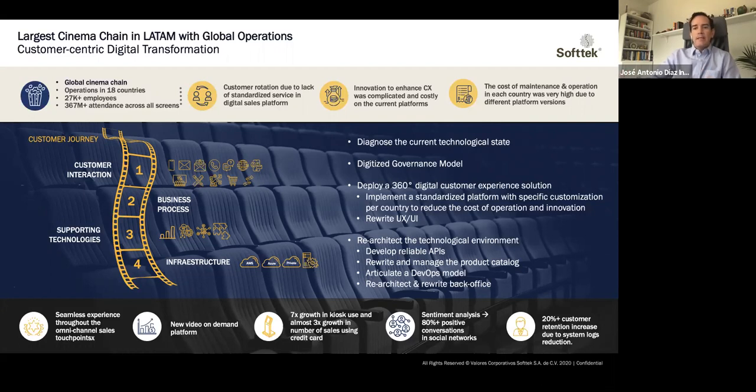Imagine the technology you need first to buy the tickets, second to understand loyalty systems, and third to purchase the movie rights and things like that. The cost of maintenance and operations of their systems was very high because they had different technologies and different platforms. So Softec worked with them to develop a technology roadmap to rewrite and manage all those different versions of the products that they had.